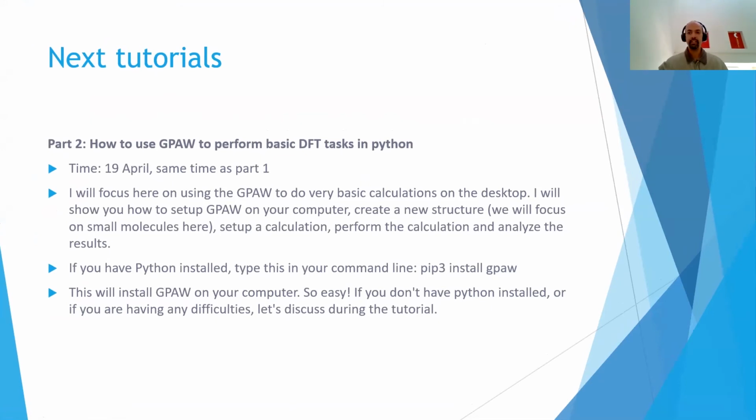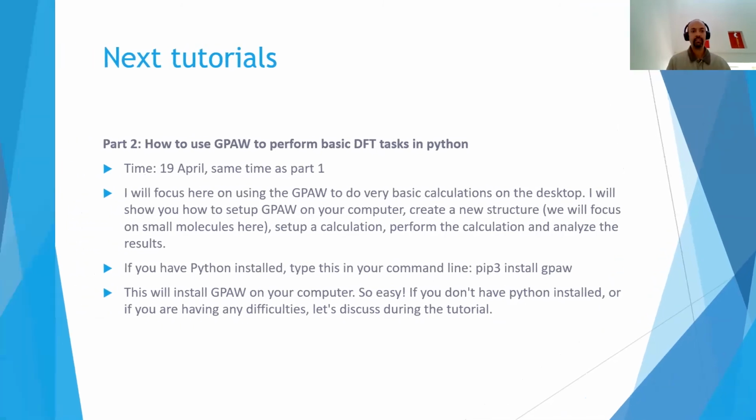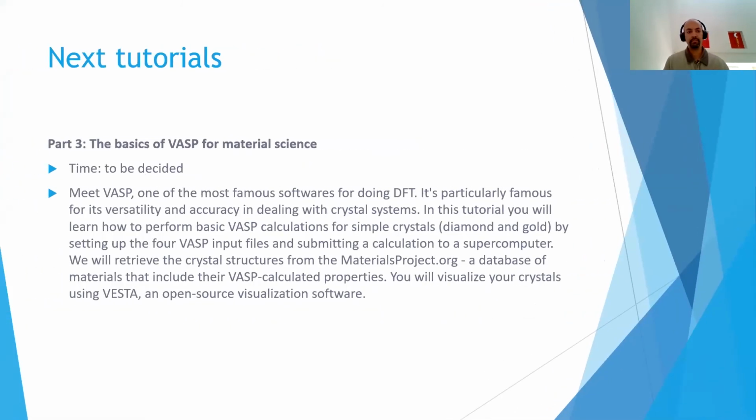So on the 19th of April, you'll be able to actually do some GPAW calculations while I am explaining. That would be really cool, if you're able to do GPAW together, with me giving the tutorial and you attending it.